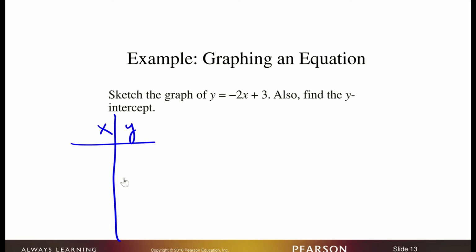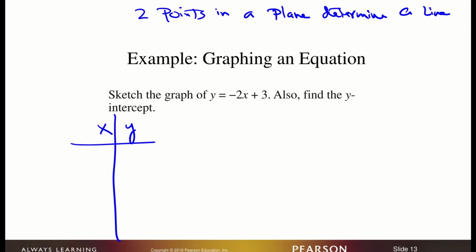That's where a very important fact about lines needs to be understood, and the fact can be stated like this. It's a very nice, simple statement. It says 2 points in a plane determine a line. Okay, so what does that mean?